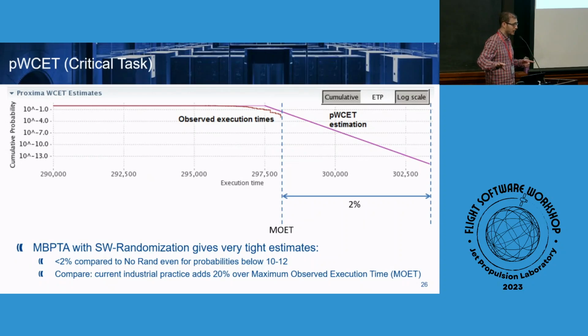They disable the L2 cache because it's really unpredictable, and this costs a lot in average performance. And they use a 20% margin in order to account for the worst case. And here, with this method, we just get a 2% margin, and we are able to use a second level cache.